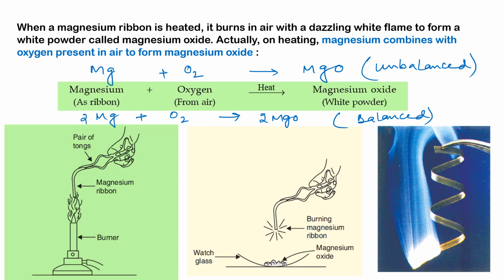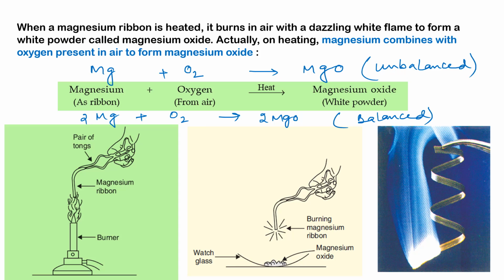The second part, that it is a combination reaction, because magnesium is combined with oxygen and we are able to get magnesium oxide, right? It is a combustion reaction because whenever you burn it, obviously some heat energy you have to supply, thus we are able to get this magnesium oxide.